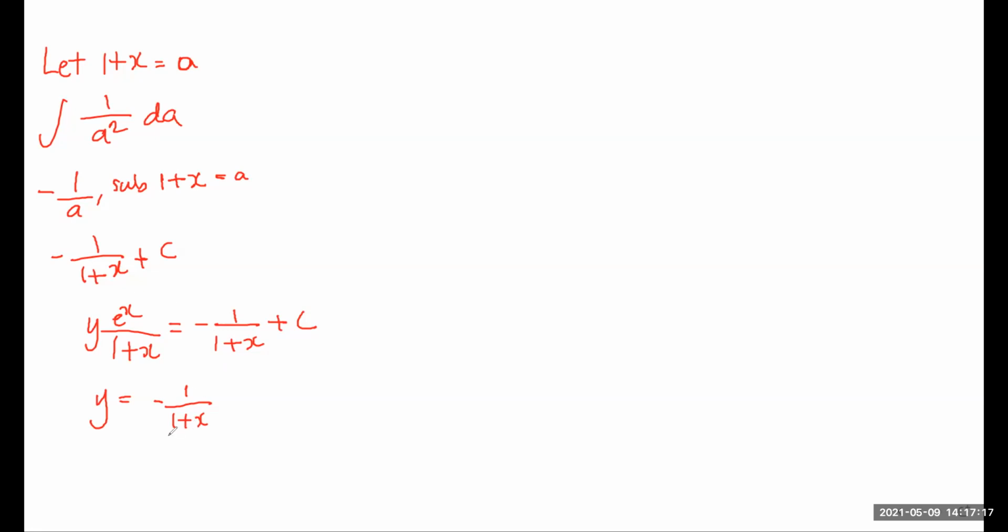Divide e to the x over 1 plus x. Now simplify the division then now.